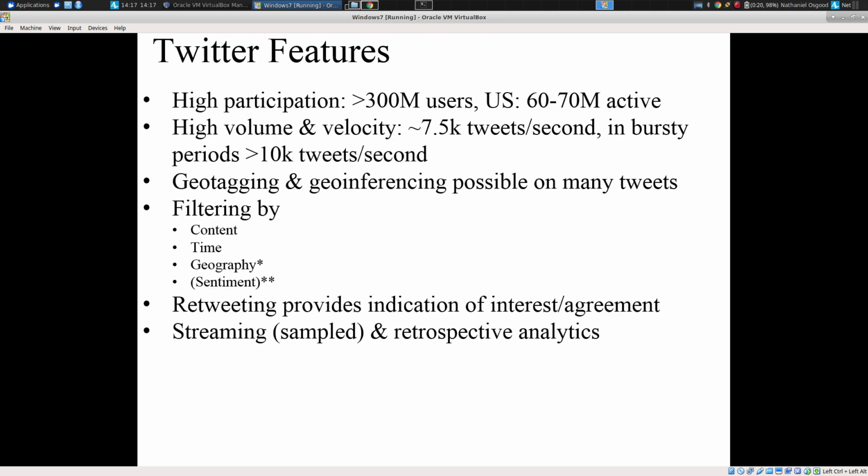So I've noted Twitter as a public platform for expression, and it has somewhere over 300 million users. In the US, it's about 60 to 70 million really active users, many workers there, and it has quite a high volume. I think it's now fairly regularly above 10,000 tweets per second worldwide, but it's possible it's still sort of touching that limit.